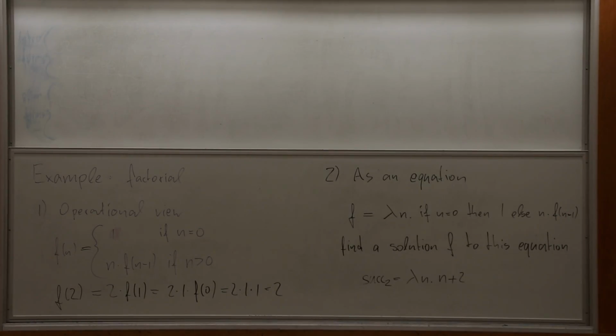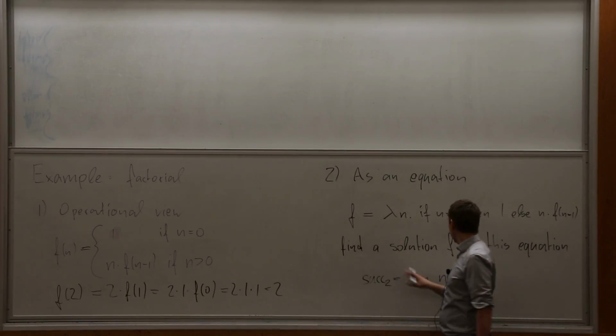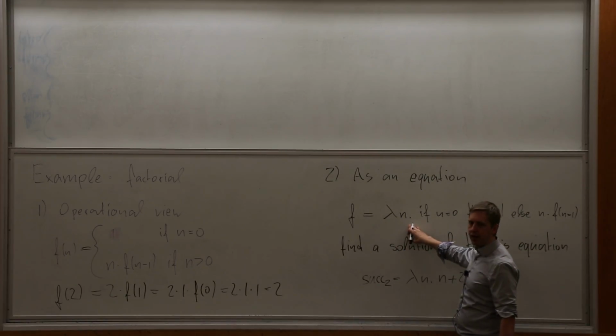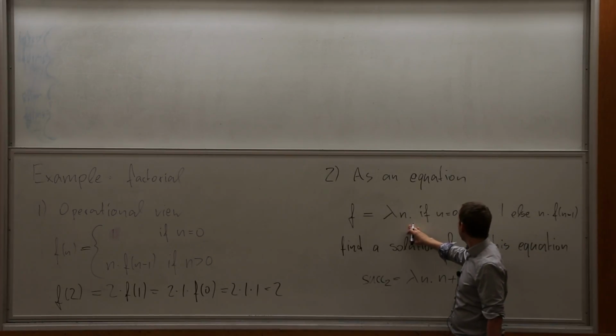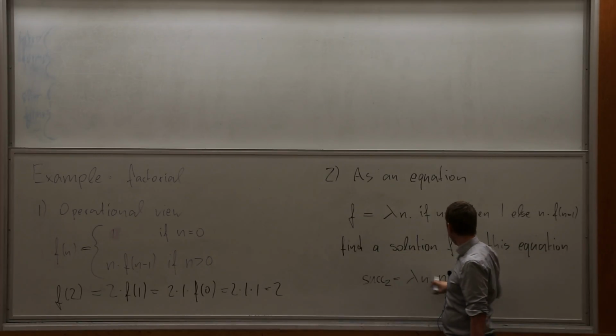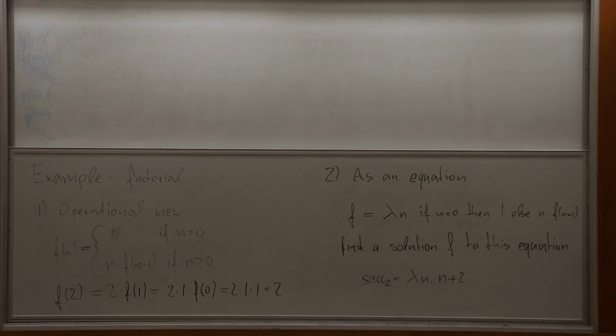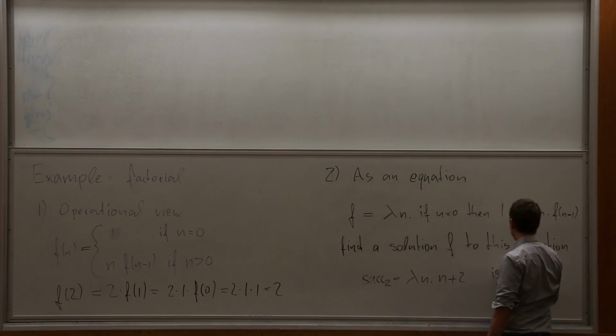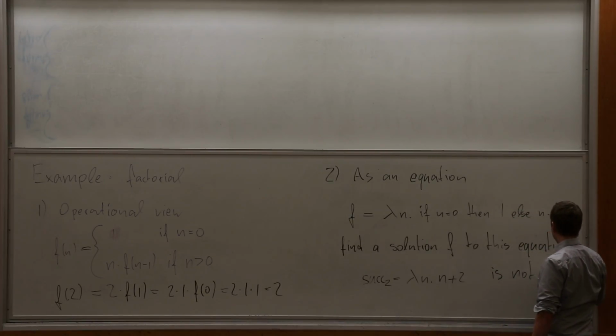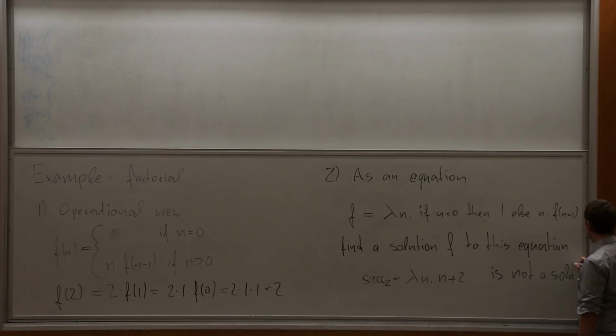If you plug that in for f, you have a different thing on the left than on the right. If you plug in 0, you get 2 on one side, and if you plug in 0 on the other side, you get 1. So that's not a solution.